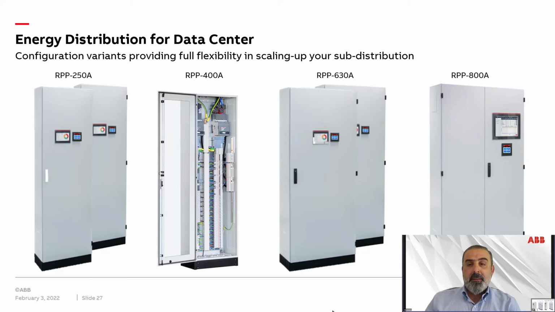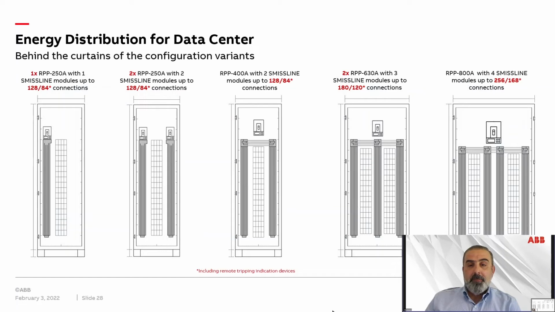By combining these two bus bars together, our multiple of one, we'll be able to deliver 250 ampere, 400 ampere, 600 ampere, and 800 ampere. With these four configurations, we will be able to cater for almost 99% of the needs of the RPP globally. But also keep in mind that by adding more Smithline bus bar, a higher rating can be achieved.